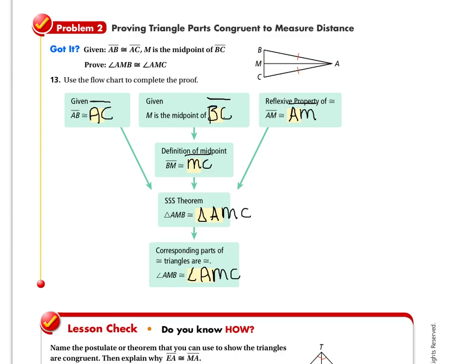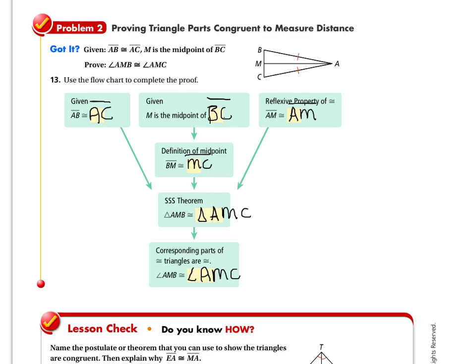Therefore, they're the same line. They can't be any different. So that's our reflexive property. And by definition of a midpoint, we know that point M is exactly halfway between point B and point C, therefore making those two segments congruent.